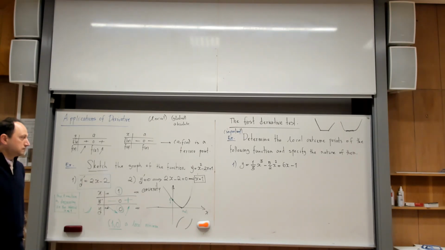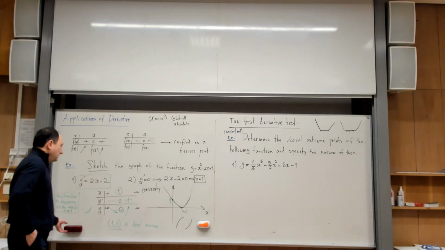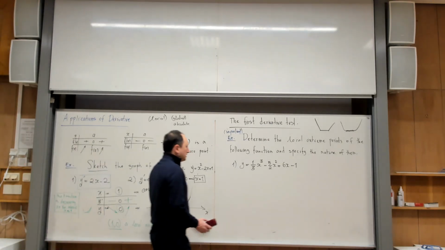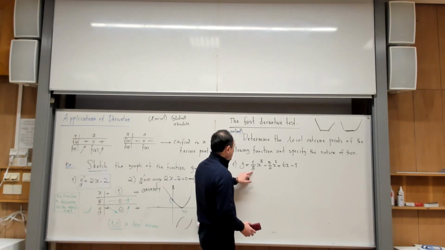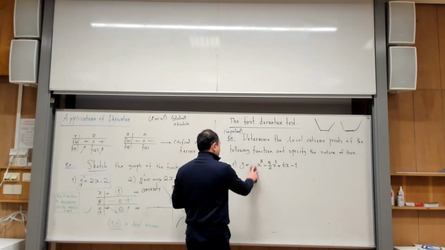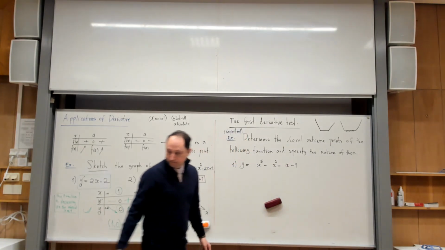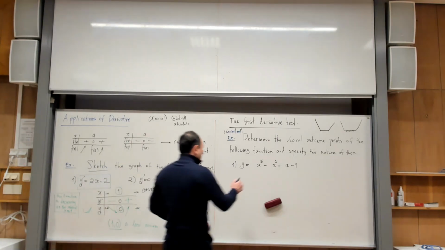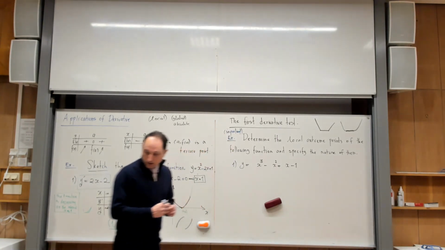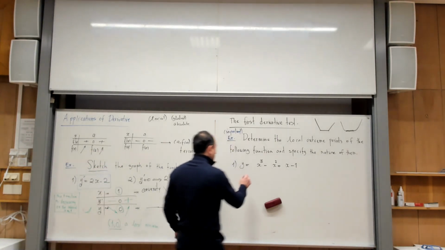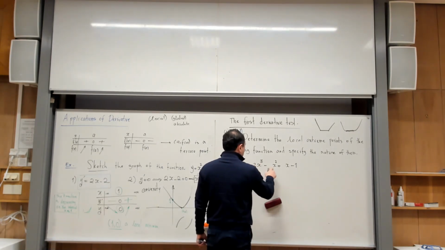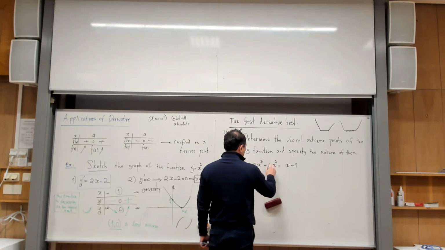Yeah. So I think, if you don't mind, let me reorganize these numbers to avoid fractions because it might be confusing for you. So if I multiply by 6, let me multiply everything by 6, because otherwise it would be confusing. I multiply this by 6, it becomes 2x cubed. Multiply this by 6, what was that? Do you remember? It was 5 over 2, it is 15.